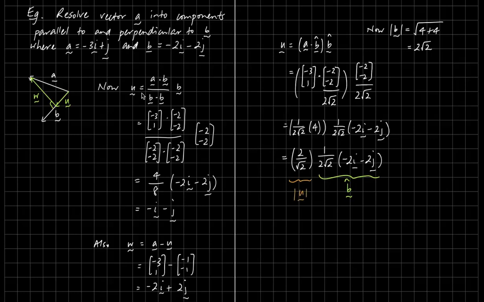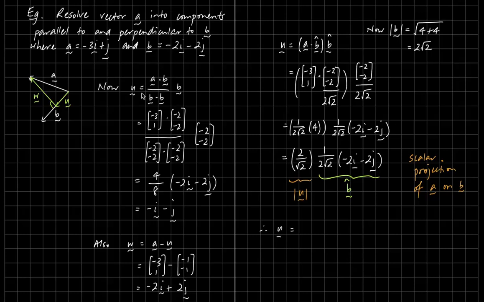So that there is the magnitude, because the other part is just a vector of length 1. So again, that there is the scalar projection of A on B. This form of working it out lends itself to finding the scalar projection.